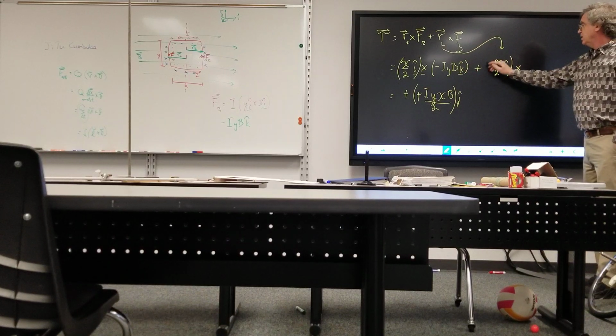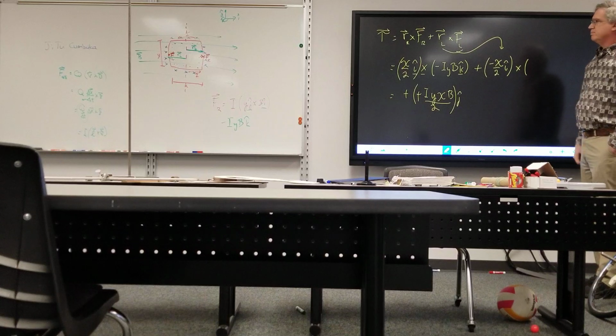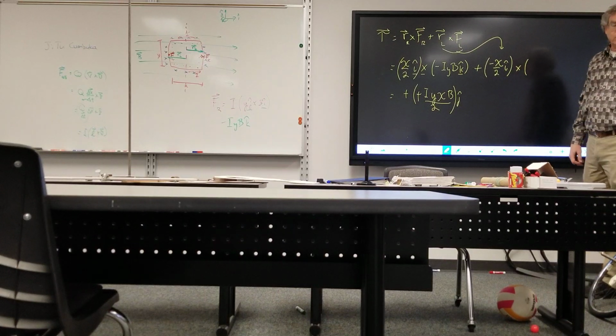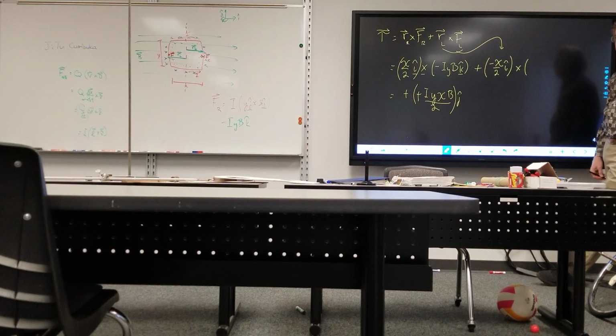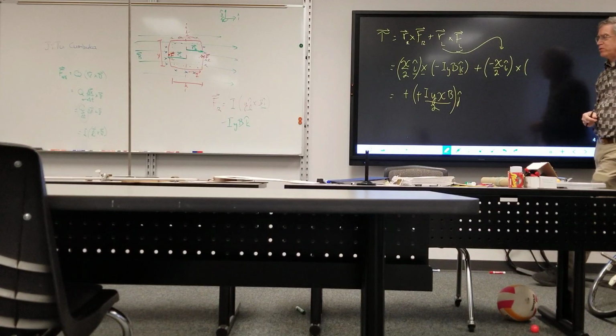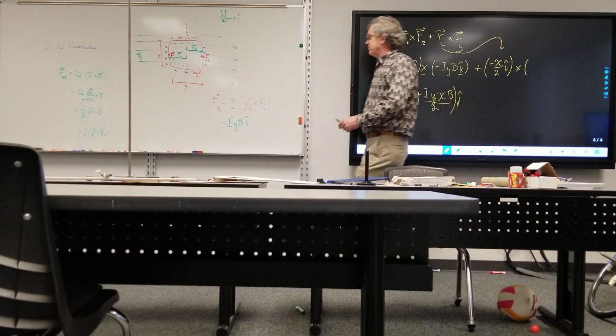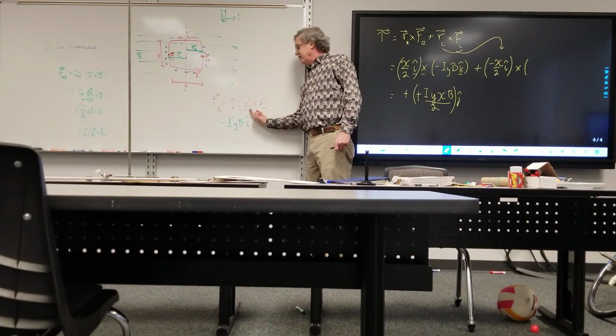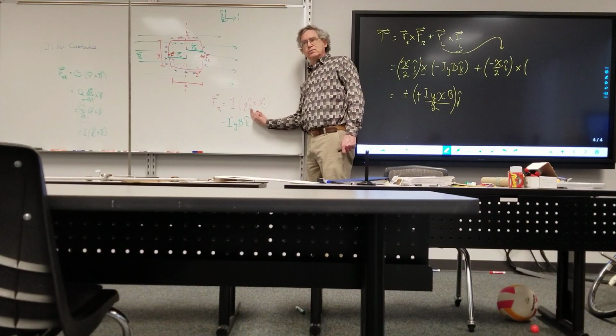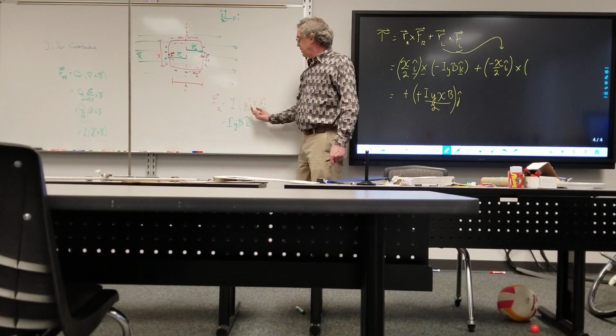Cross product with the force. What is the magnitude of the force, or what is the force acting on that left wire? Opposite of that one. Going through the exact same logic, the only difference is that this is negative j hat for the left-hand side.